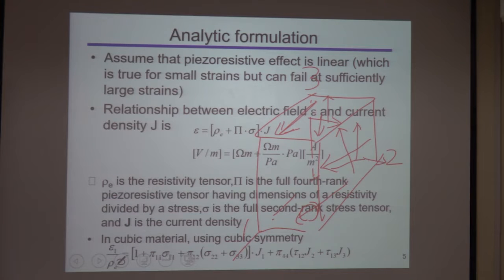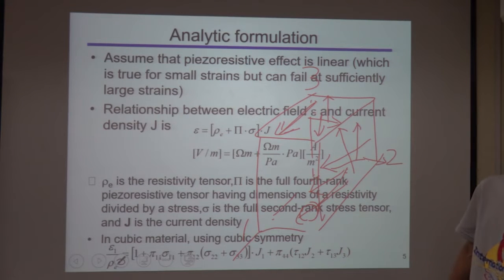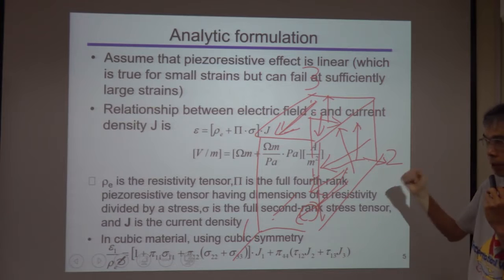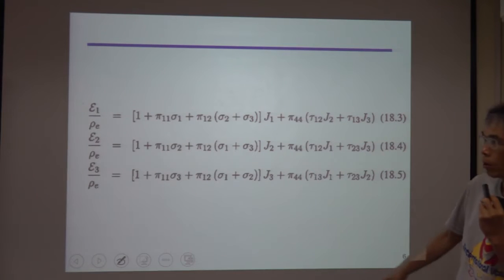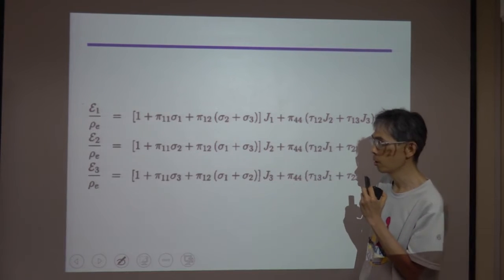Draw tau 2, 1. Okay. All right. Thank you. So this is our first equation for the cubic material. Okay, next page. So first equation, second equation, third equation.